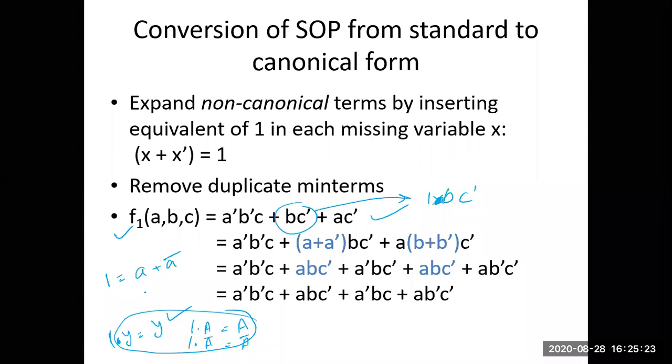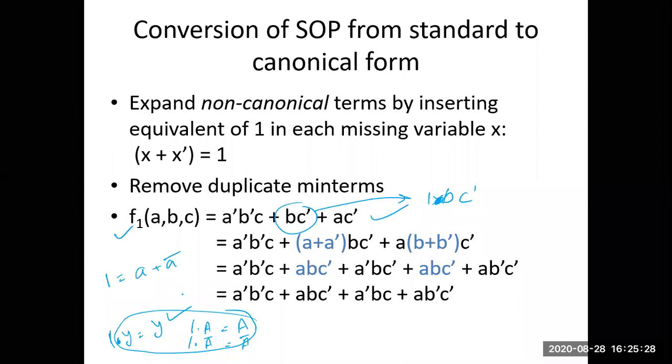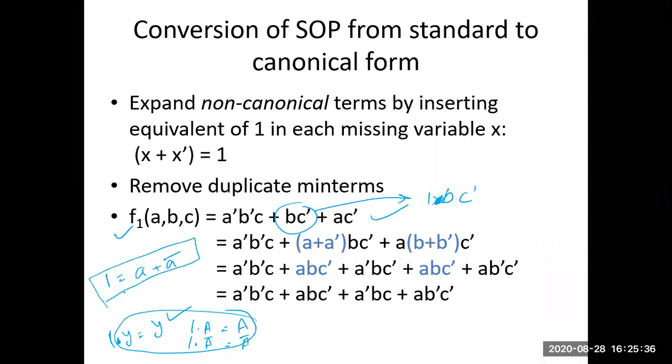If you choose a equal to 0, that is 0 plus 0 bar, that is 0 plus 1, and 0 plus 1 is 1. So either you choose a equal to 1 or 0, it is 1. That's why I'm writing this equation a plus a bar equal to 1. So in the place of this 1, I'm writing a plus a bar. Similarly, A and C are present here in this expression.